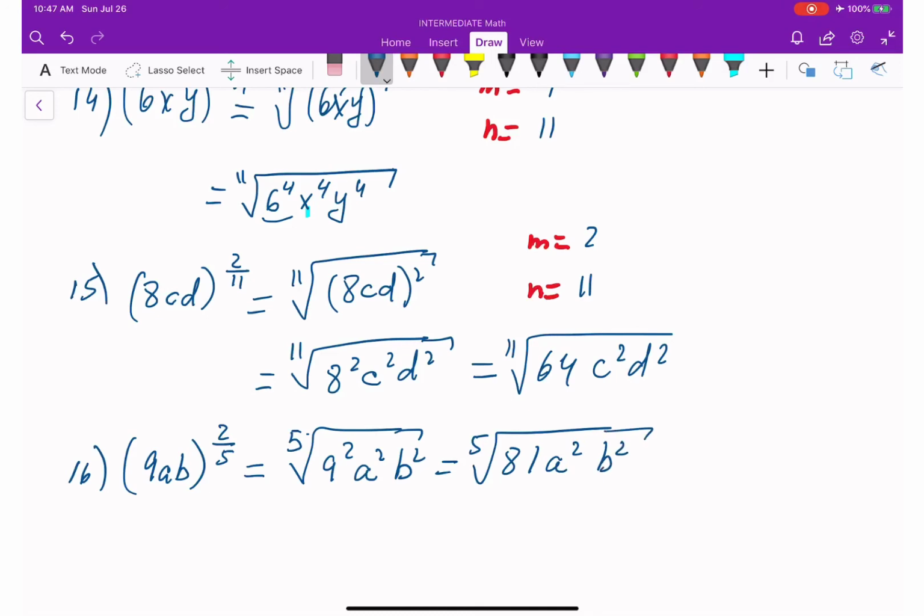Pay attention on one thing. Because degree under radical is less than degree of radical, therefore we can't take out any term. Right? Okay, I'm done. I hope that helps you.